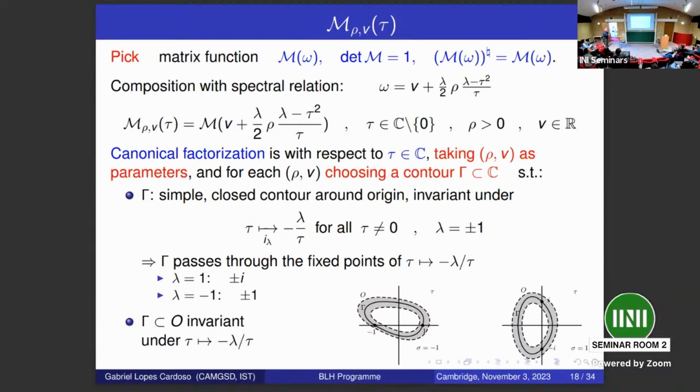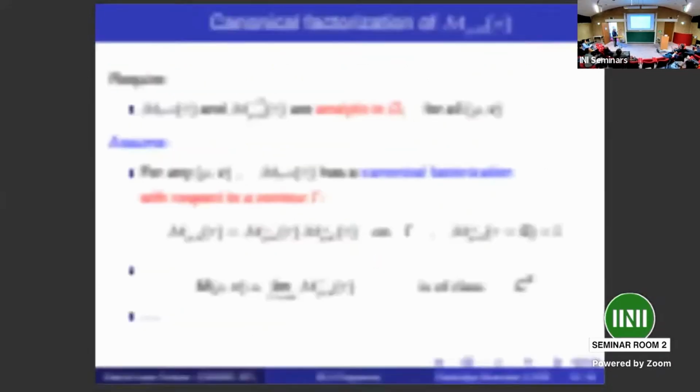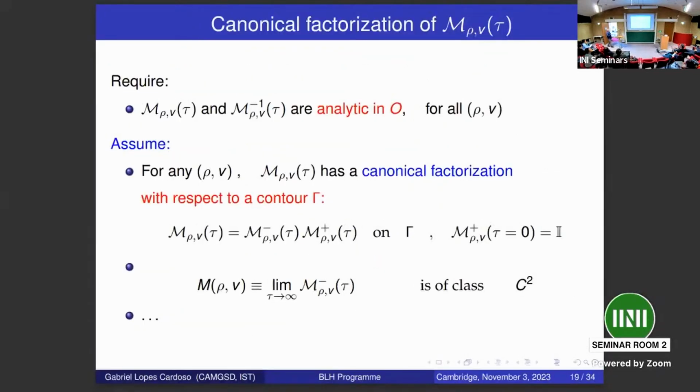Now, let's also pick a region O around the curve, which we will demand to be invariant under tau goes to minus lambda divided by tau. So that's what you do. You pick such a matrix, curly M of W. The choice is yours. You do that substitution. You pick a contour that has these properties. Then you find the following.